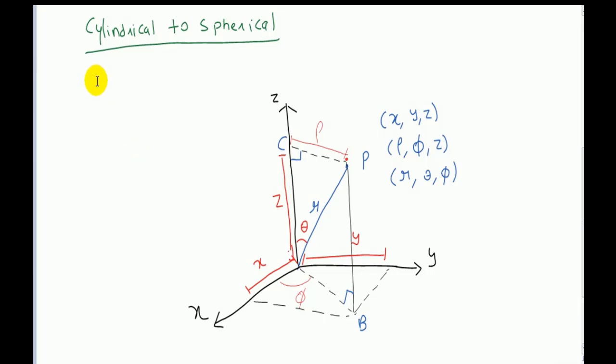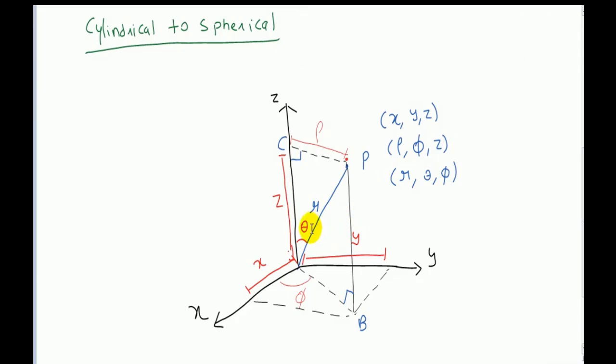Now we will see from cylindrical to spherical. We will relate r, theta, phi in terms of rho, phi and z. If I project r on the xy plane, this distance from O to B is rho, so rho will be r sine theta.